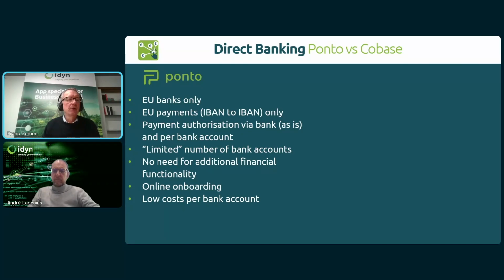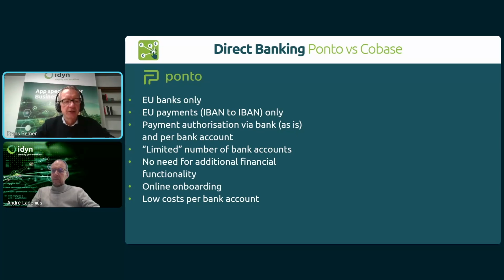It's all easy to do, but it's quite limited in the functionality if you compare it to Cobase later on. So it has some restrictions, but if you don't have any need for additional financial functionality, the Ponto solution is a quite good one.